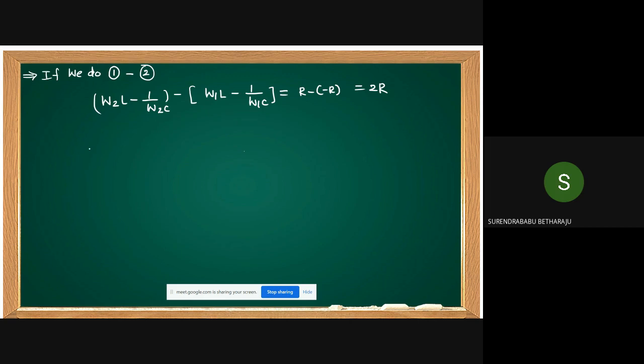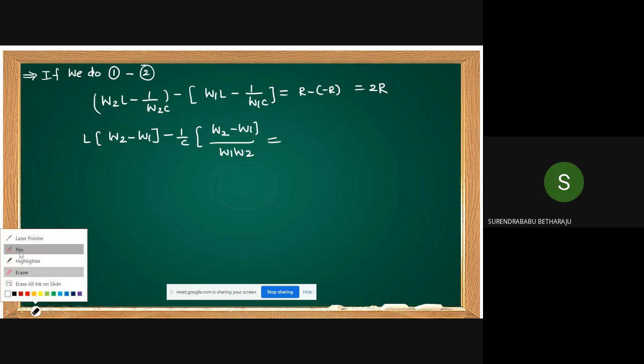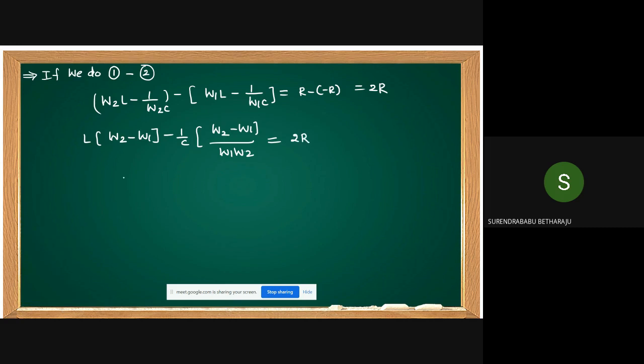Then in this case, you take L common: omega 2 minus omega 1. Minus 1 by C is common, and simplify that one: omega 2 minus omega 1 by omega 1 into omega 2. Okay, this is equal to 2R. Yes, friends.